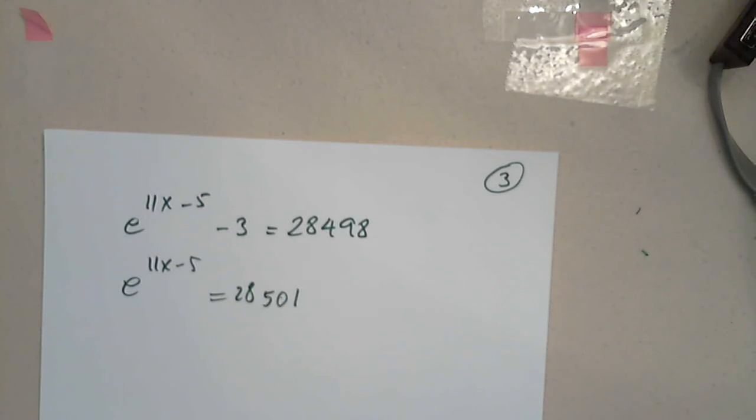I need to bring down the power. What should I apply to both sides to be able to bring down the power? Natural log. Exactly. We're going to apply natural log to both sides.